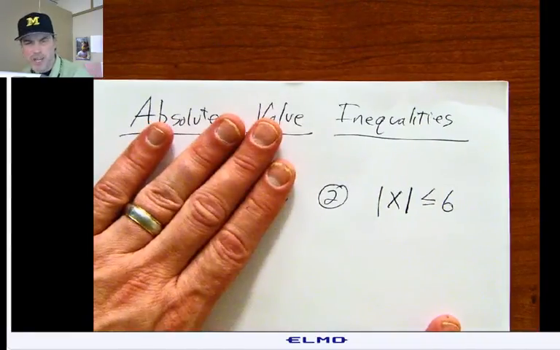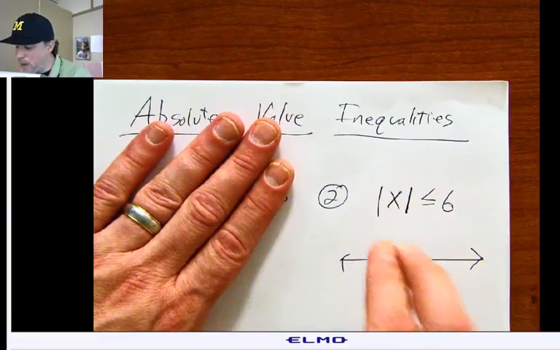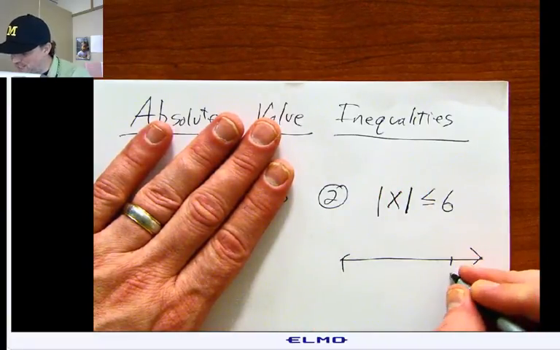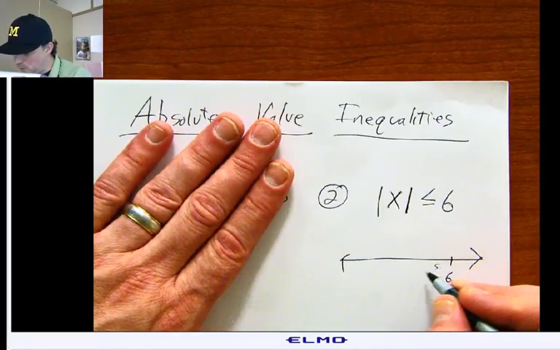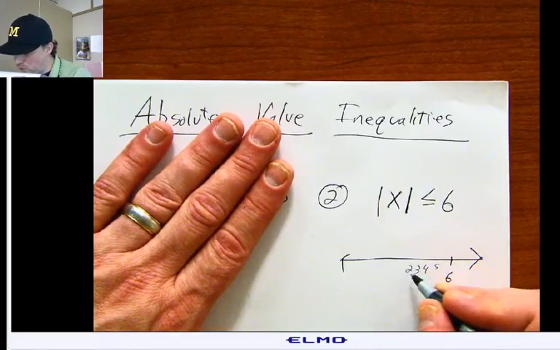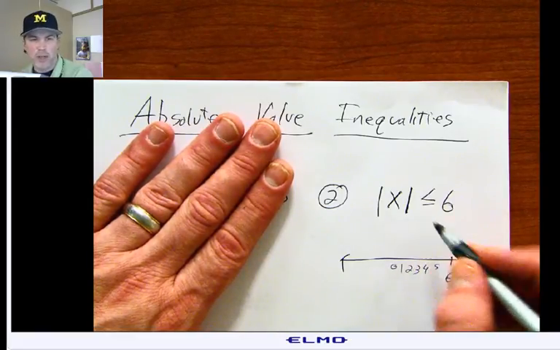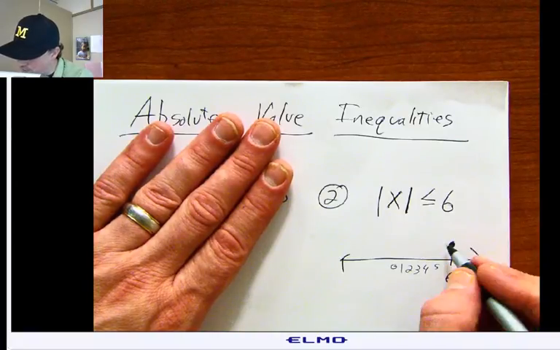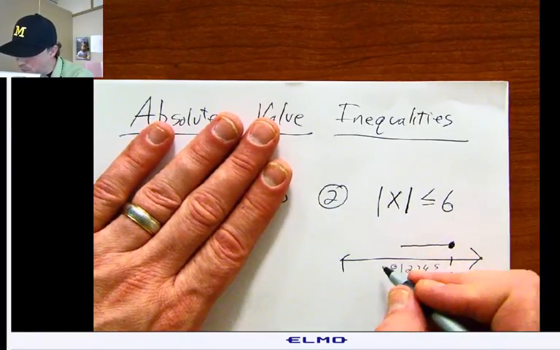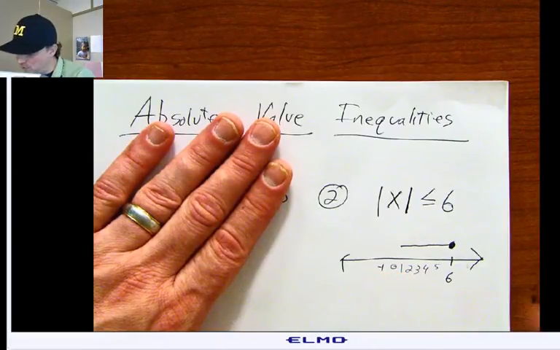Well, in this scenario, on a number line, if I think about the numbers that are less than 6, well, 5 is less than 6, 4 is less than 6, 3 is, 2 is, 1 is, 0 is certainly less than 6. It does include 6, so I have this filled in circle at 6, and it starts heading off this way. Now what about negative 1? The absolute value of negative 1 is still less than 6.